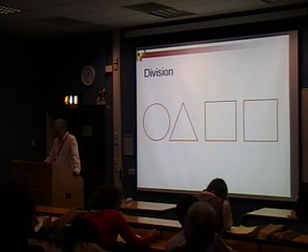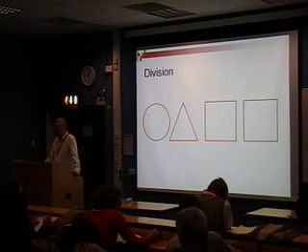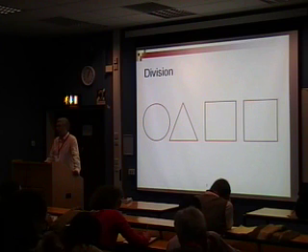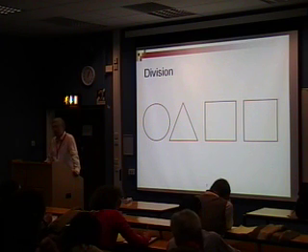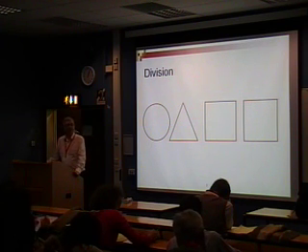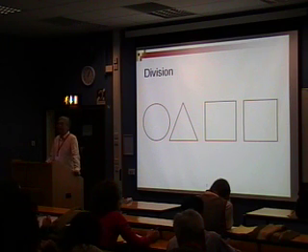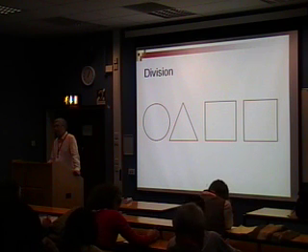Okay, after that, then divide the square into four equal parts. The first square into four equal parts. And when you've successfully completed that challenge, you can move on to the last one, which is to divide the second square into five equal parts.